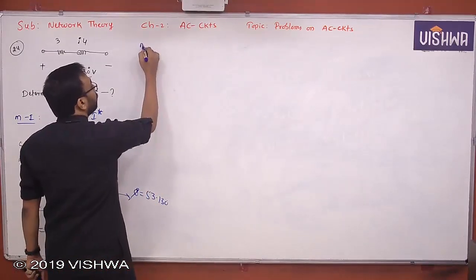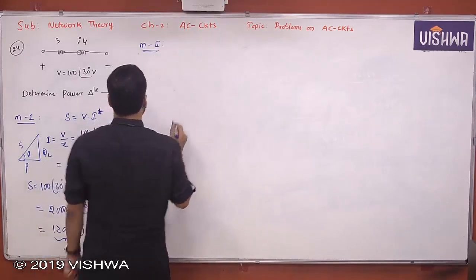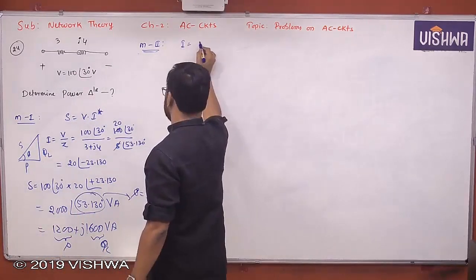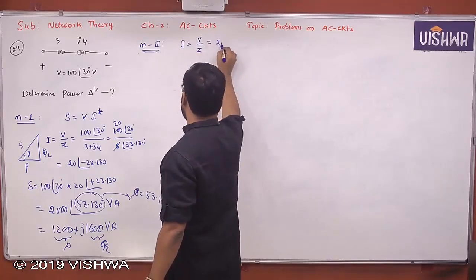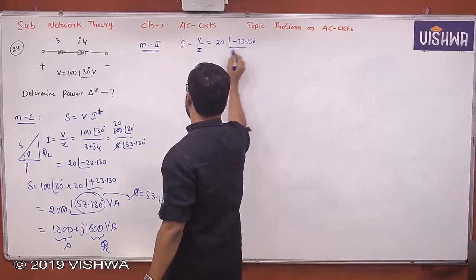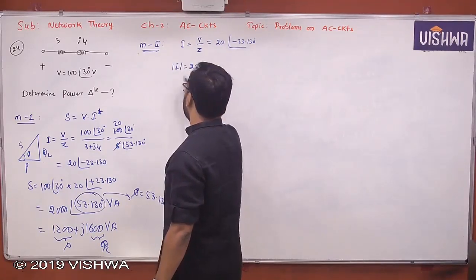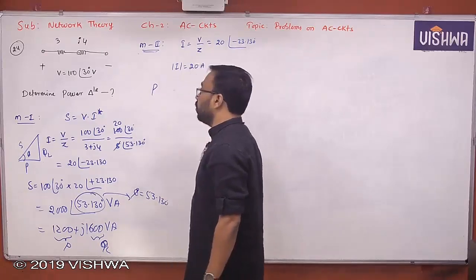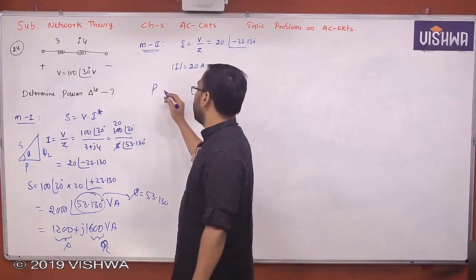Method 2, you can find it in a different way. You already found the current I is V by Z, which is 20 at an angle of minus 23.130. You require just the RMS magnitude to find the active power. The active power, average power, true power, or real power are the same; I told you already they're all synonyms of active power.